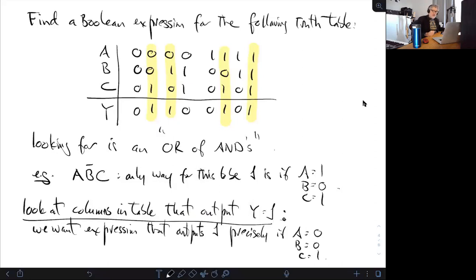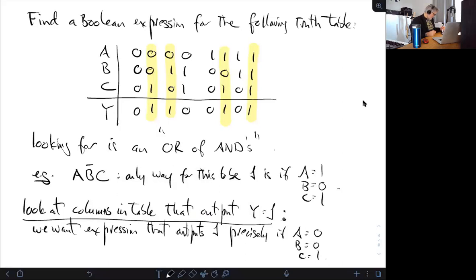Look at that first column. A is 0, B is 0, C is 1. How do I do that? If you look at this example that I just gave, you want A bar, B bar, C. That's going to give you 1 precisely on those 3 values, okay?